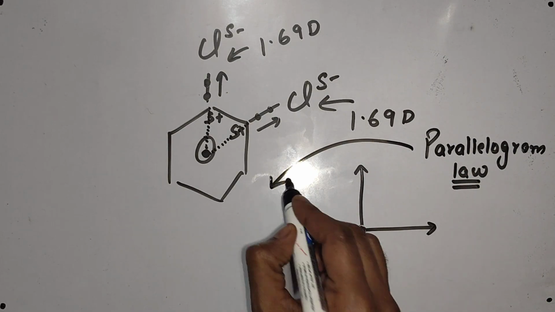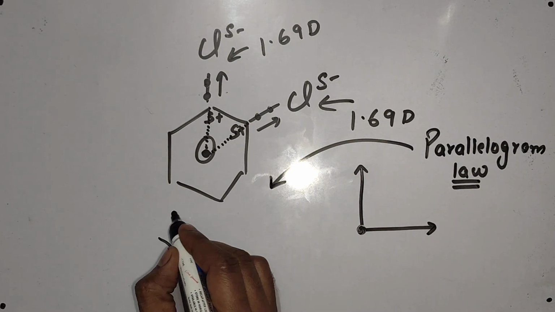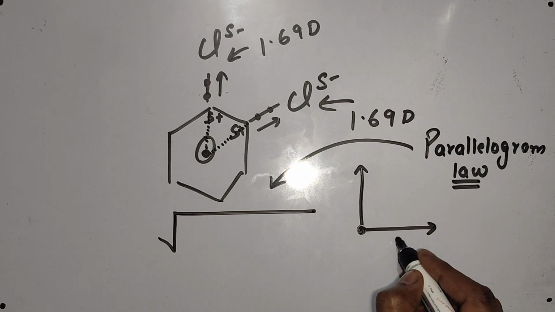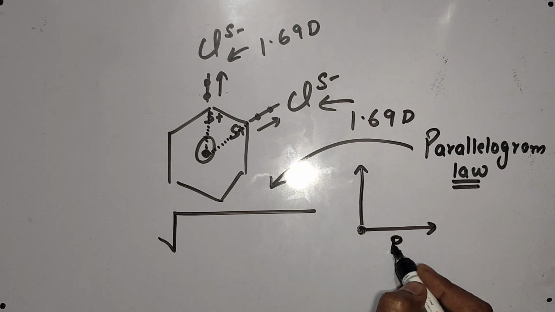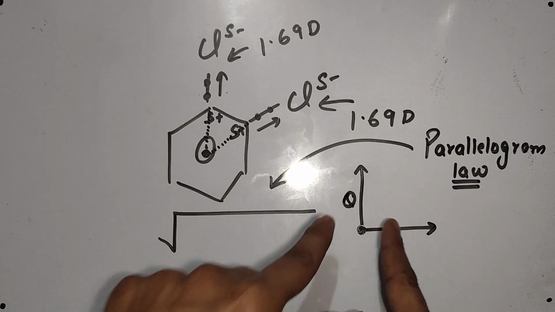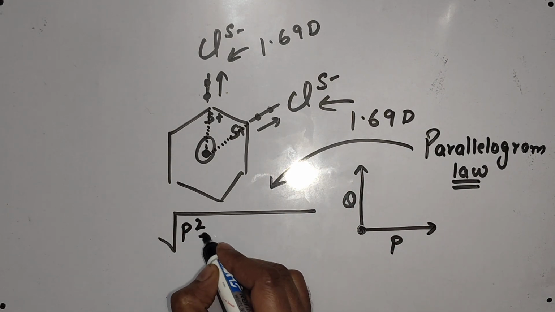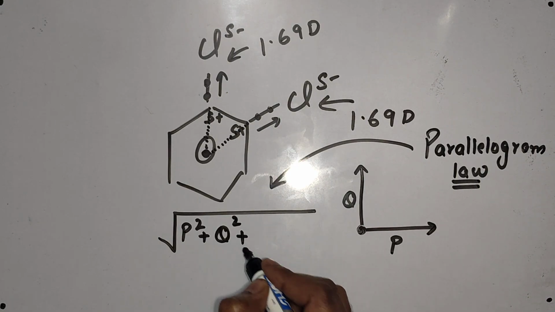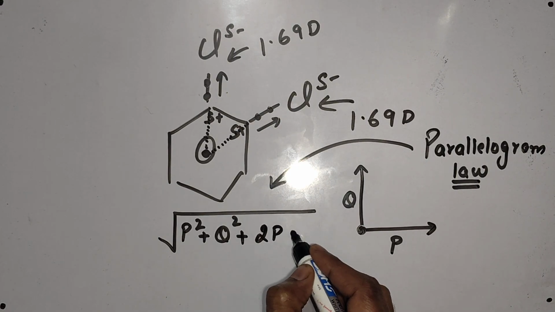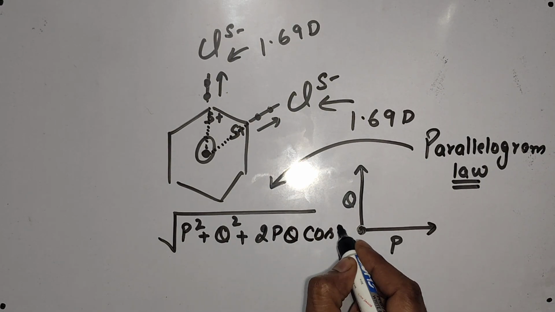According to this law, suppose this is vector P and this is vector Q. The resultant of these vectors will be given by this formula: square root of P square plus Q square plus 2PQ cos theta.